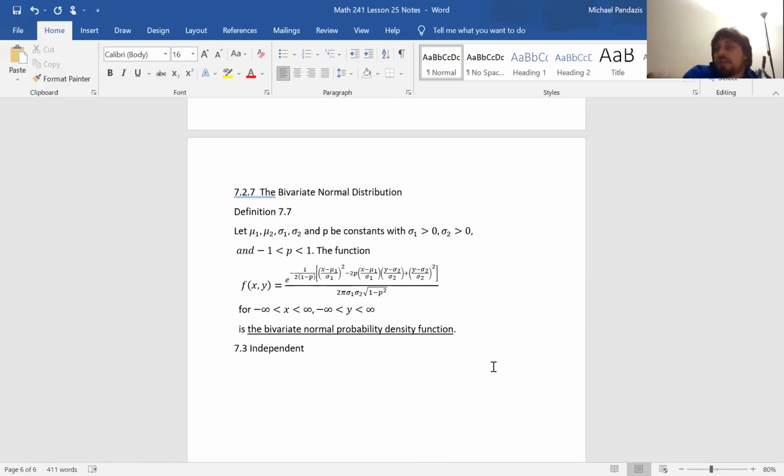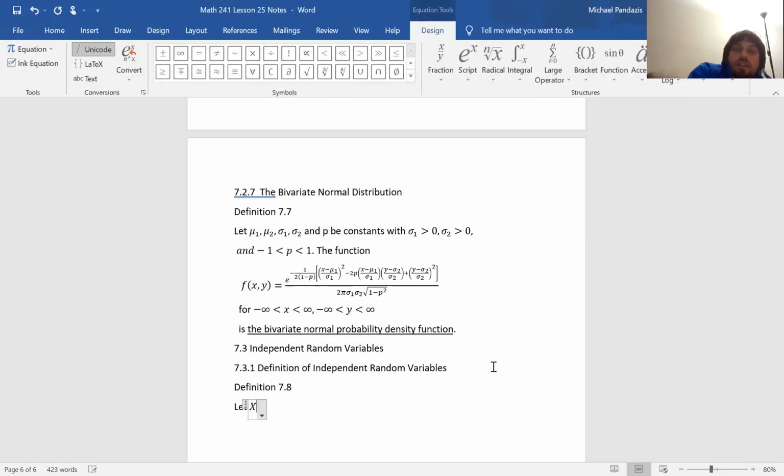Independent random variables. 7.3.1. Definition of independent random variables. Definition 7.8.